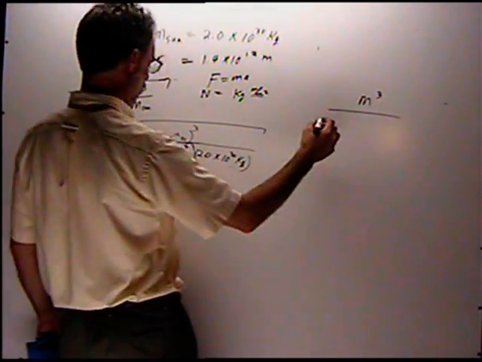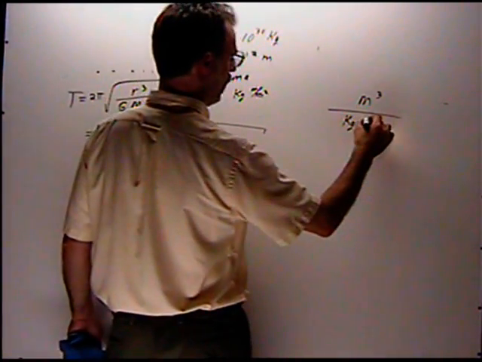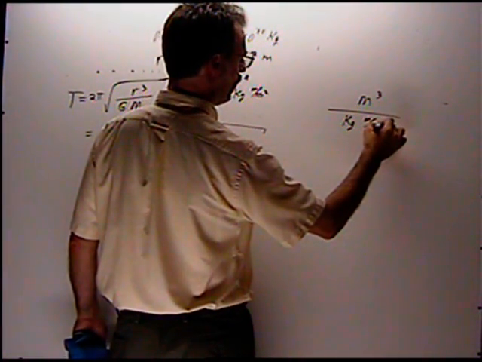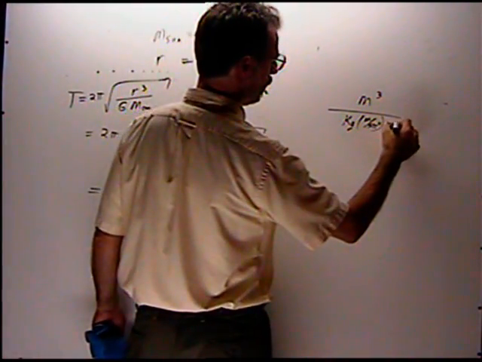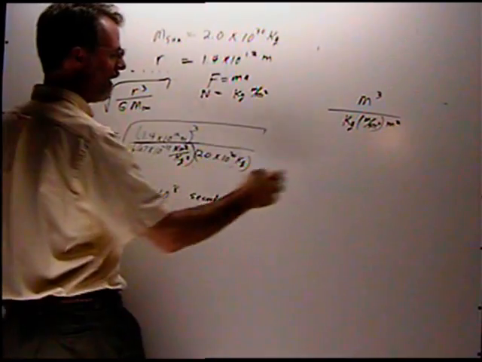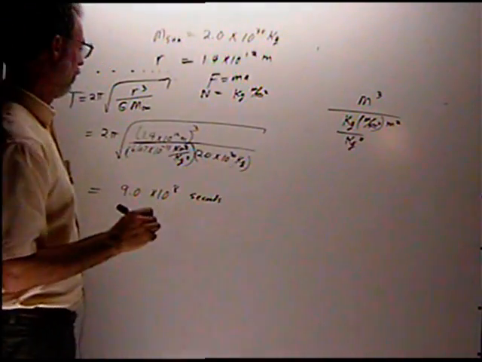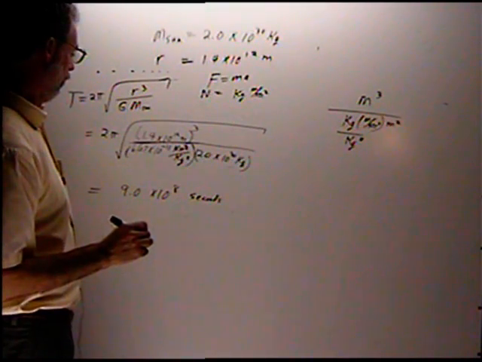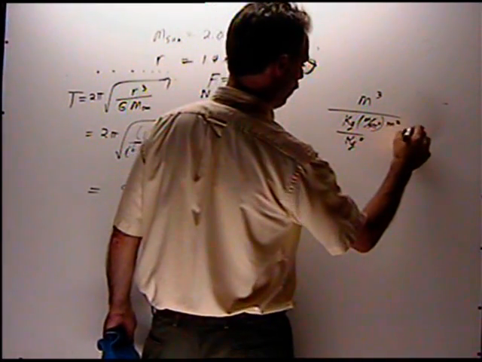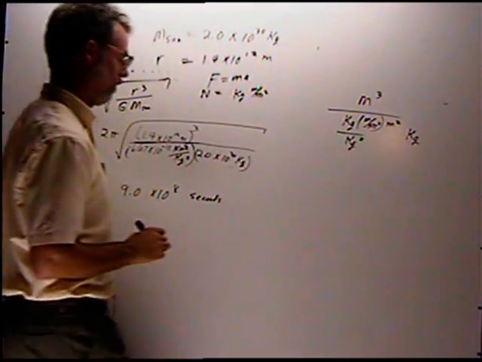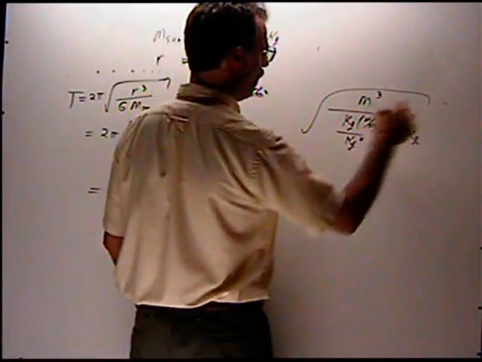So what we have is a kilogram meter per second squared times meter squared divided by kilogram squared, times kilogram, and we have to take the square root of all of that.